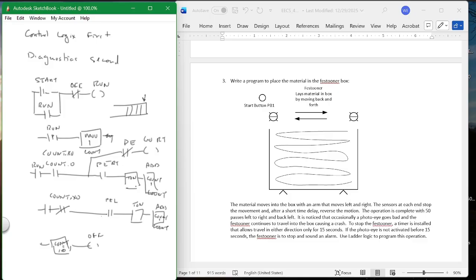And this here would be not photo eye. It would be an output called go to the left.